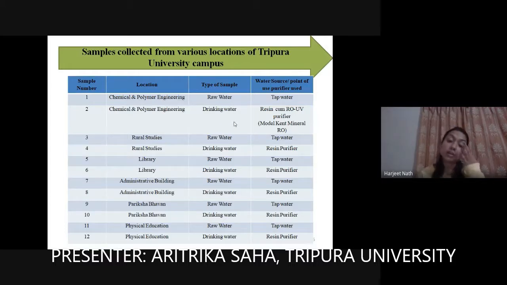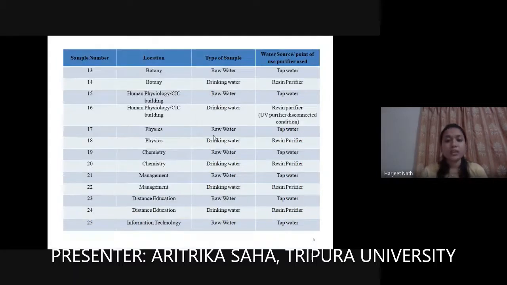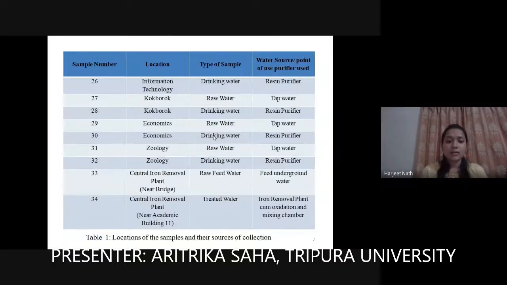In most departments, they have used a resin based water purifier, and in some departments they have used an RO/UV based purifier. We collected 34 samples from various departments, including the two central removal plants.